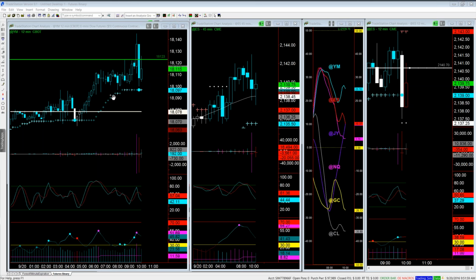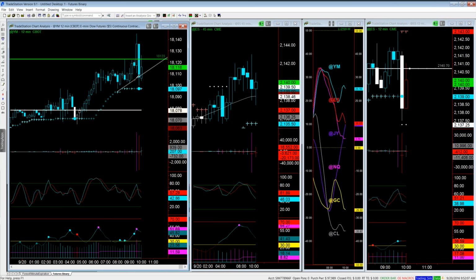One of the entry mechanisms, the reason I wanted to trade the Dow this morning, and the reason that we actually went long on it is because of this divergence here. That's what that should be from here to here. This going one way, this going another way.